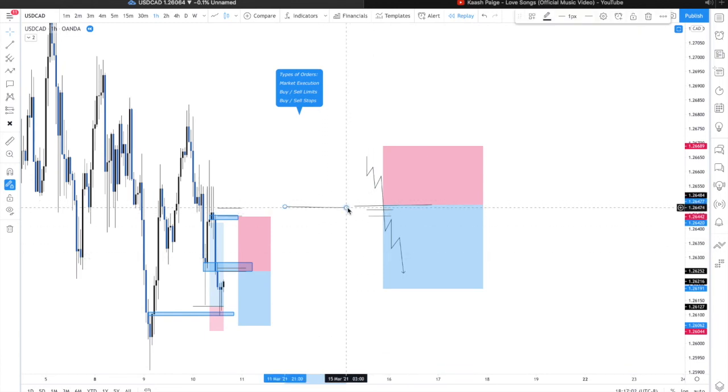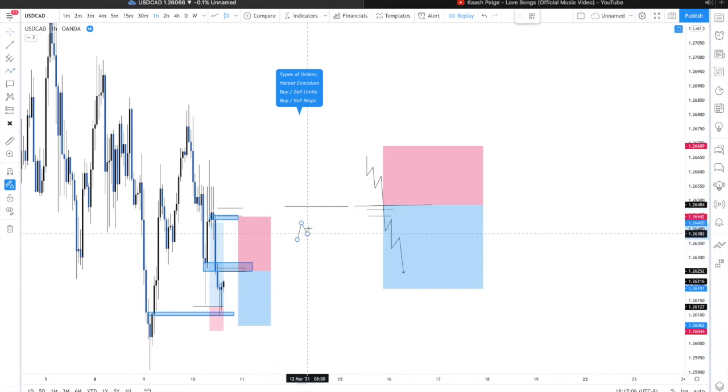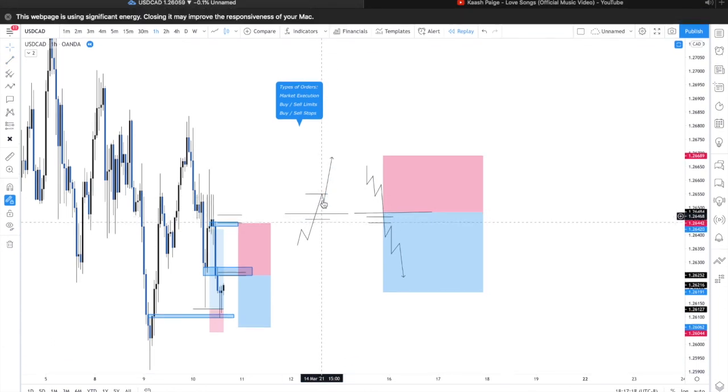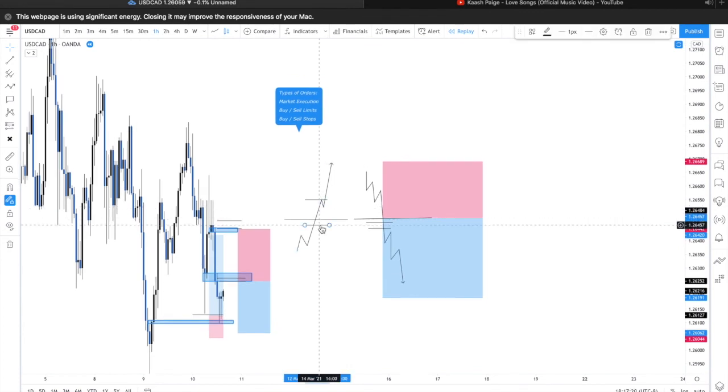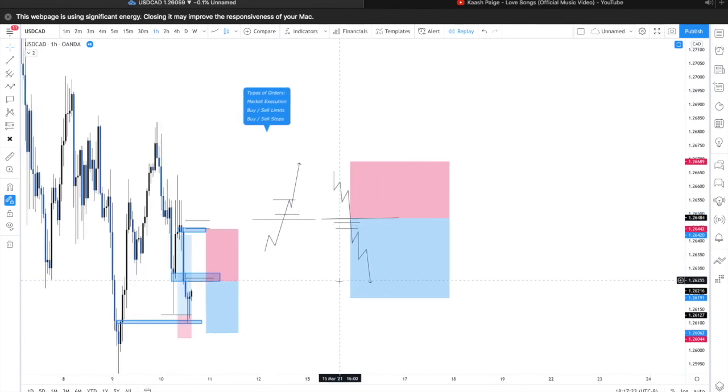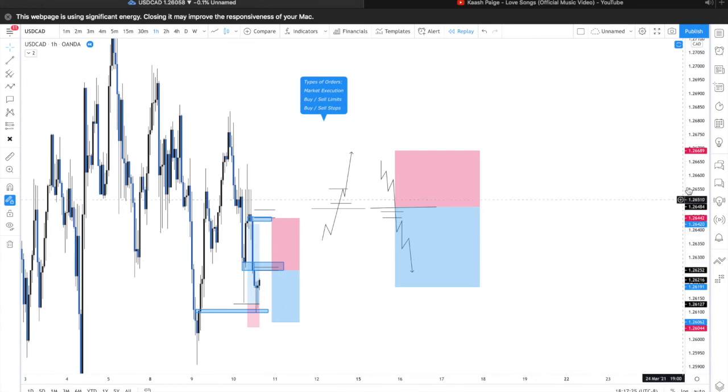Same thing for buys. Price is coming up. Once it passes that, boom, you're entered, right? And then what you need to have is the bottom line above, okay? So once the bottom line is above, you're in profit. If it's below, you're not in profit, okay? So those are buy stops and sell stops, and that's pretty much it.